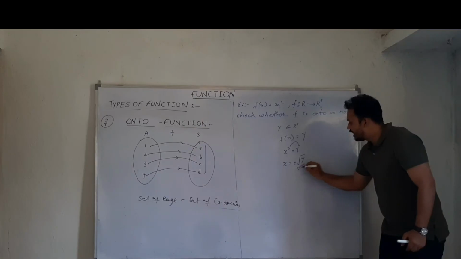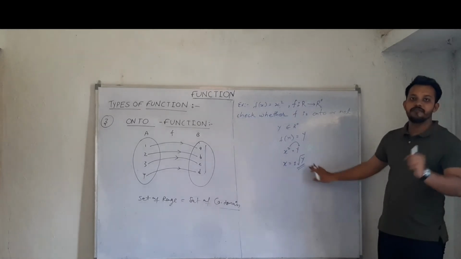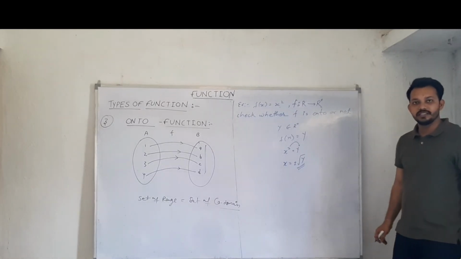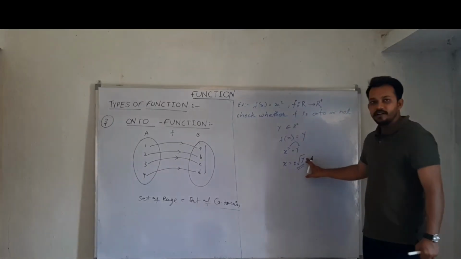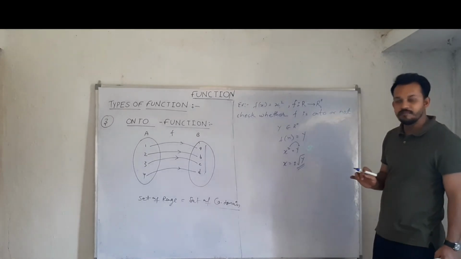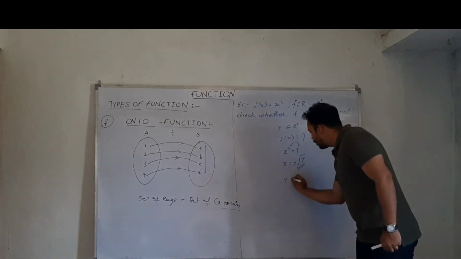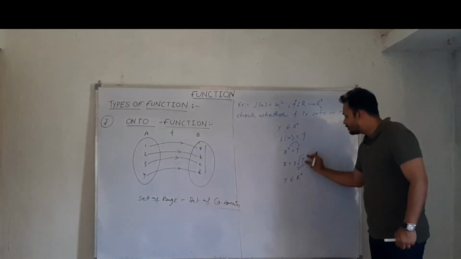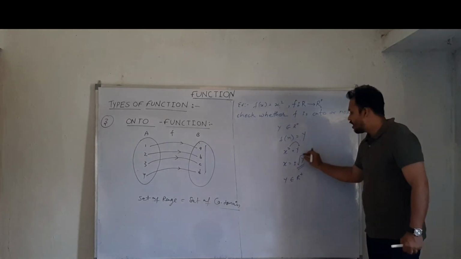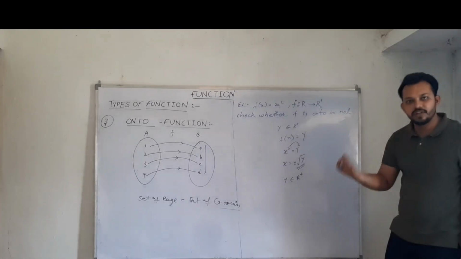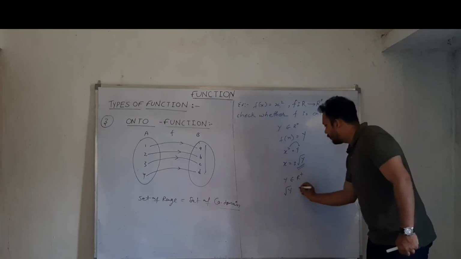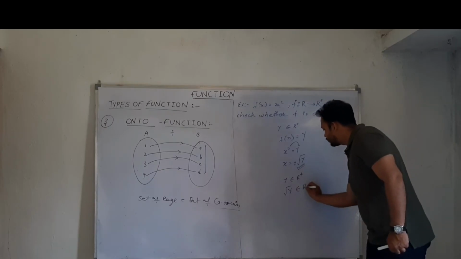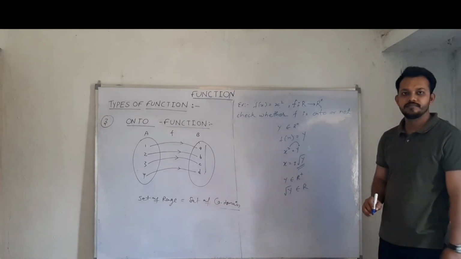So we have to prove that this value is defined. How to check this? Y belongs to the set of real numbers. So we have y belongs to the set of positive real numbers. If y is a positive real number, then the square root of a positive real number is also a real number.